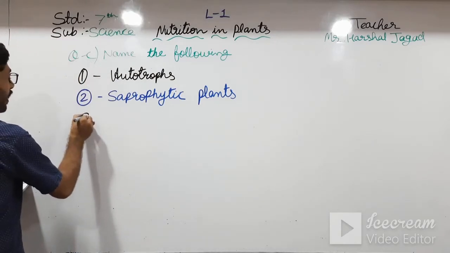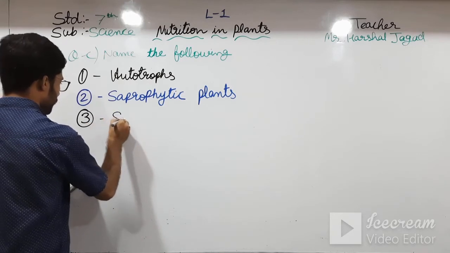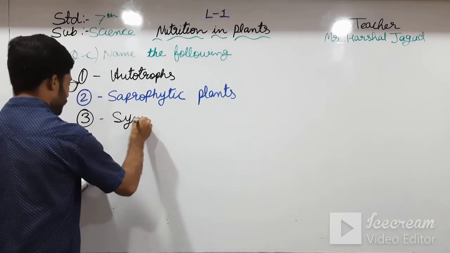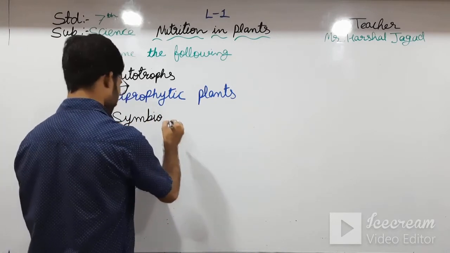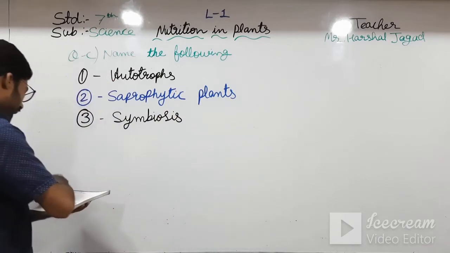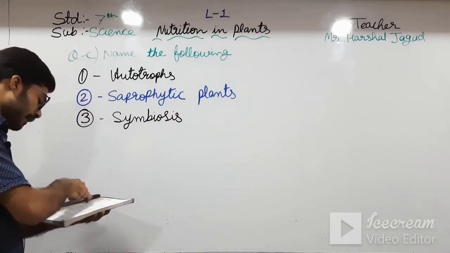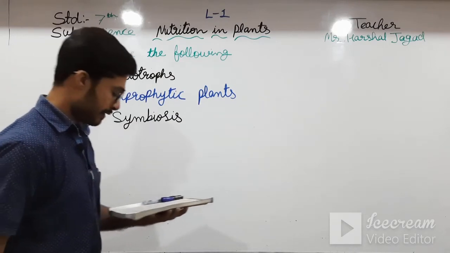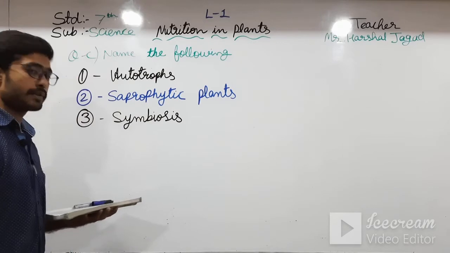Next, the third one: type of relationship in which both organisms benefit from each other, that is symbiosis. Okay students, and the last one, the fourth one: a chemical substance which is rich in one or more soil nutrients.